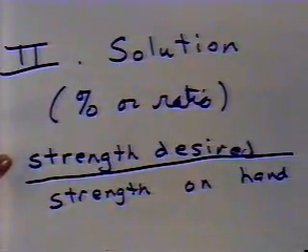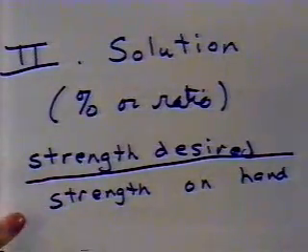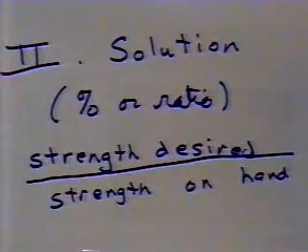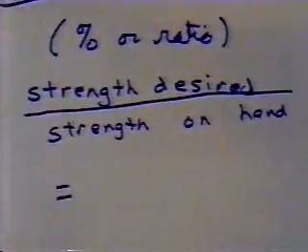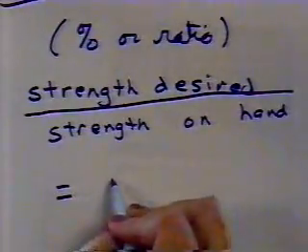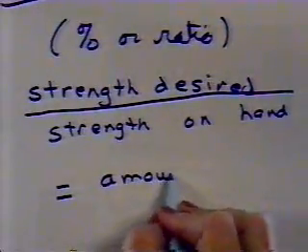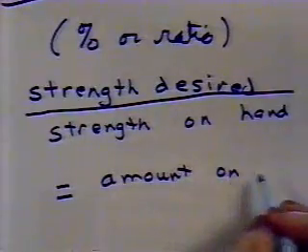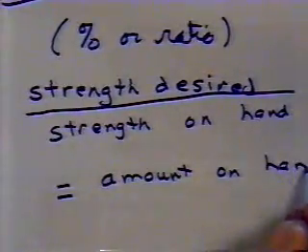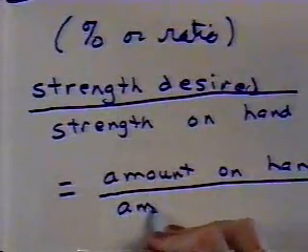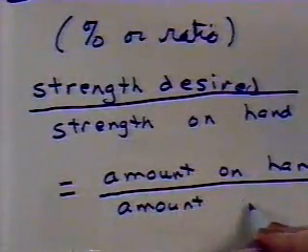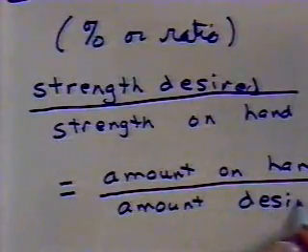Strength desired is what you want to make. Strength on hand is what you have. Now, this should be one long formula here. I don't have room to write it. Strength desired divided by strength on hand is equal to amount on hand divided by amount desired.